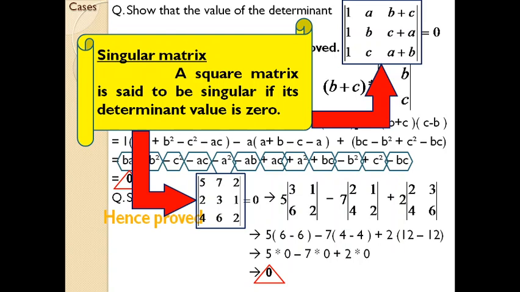So sometimes you may be given a matrix and asked to find whether it is a singular matrix. In that case, you have to follow all the steps which we have studied in the case of determinants. And you have to do all these computations, and if you are getting 0, you can say that the given matrix was a singular matrix. That is the concept of singular matrix. I hope you are understanding the concept.